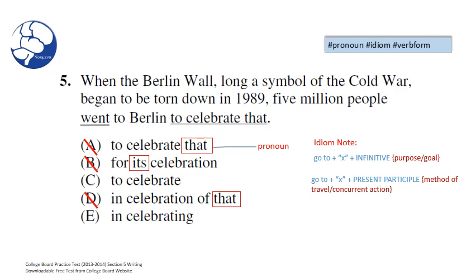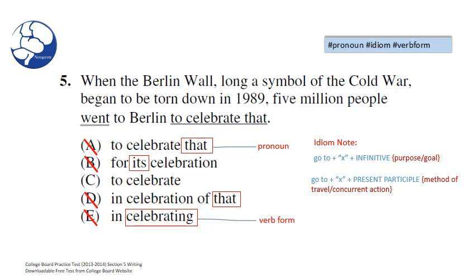It leaves us now with E, in celebrating. 5 million people went to Berlin in celebrating. Well, what's wrong here? As you can see by our notes, we've identified celebrating as being in the incorrect form. Well, Anthony, what's wrong with celebrating here? In fact, celebrating is functioning as a gerund, the object of the preposition in.